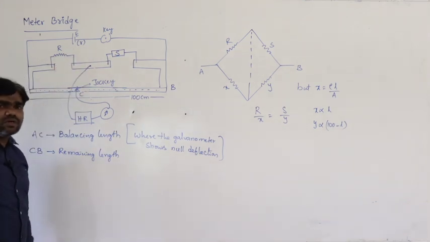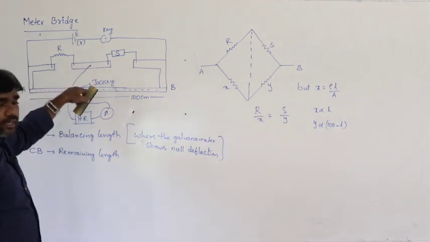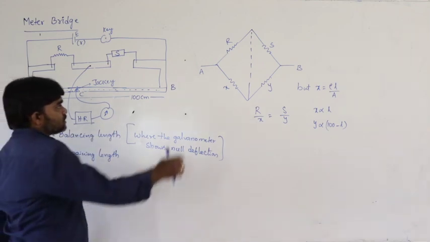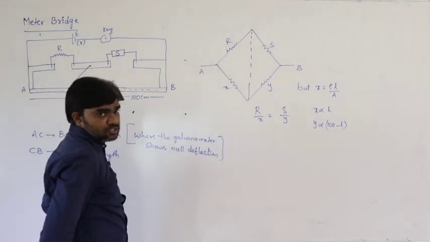Because what is the reason? There is no current passing, so the galvanometer shows null deflection. This is the Wheatstone bridge situation.